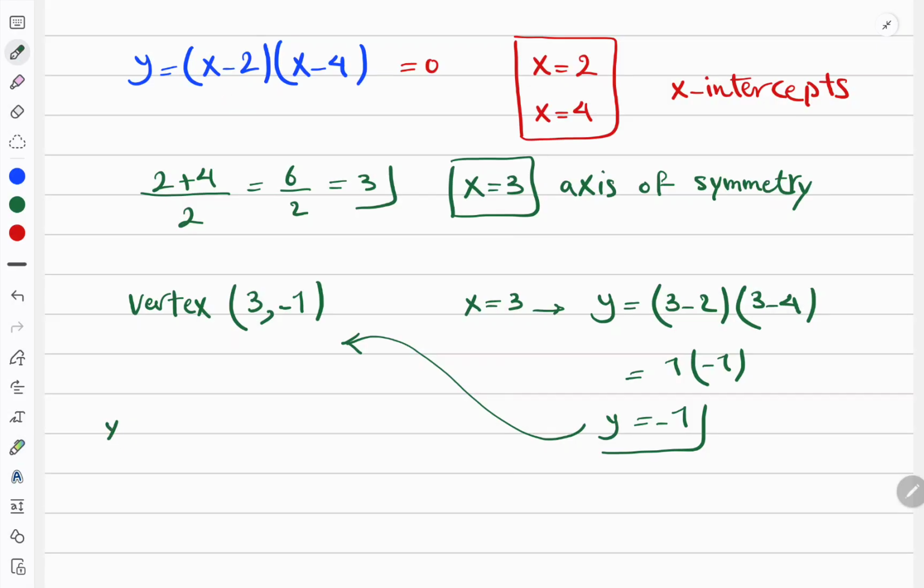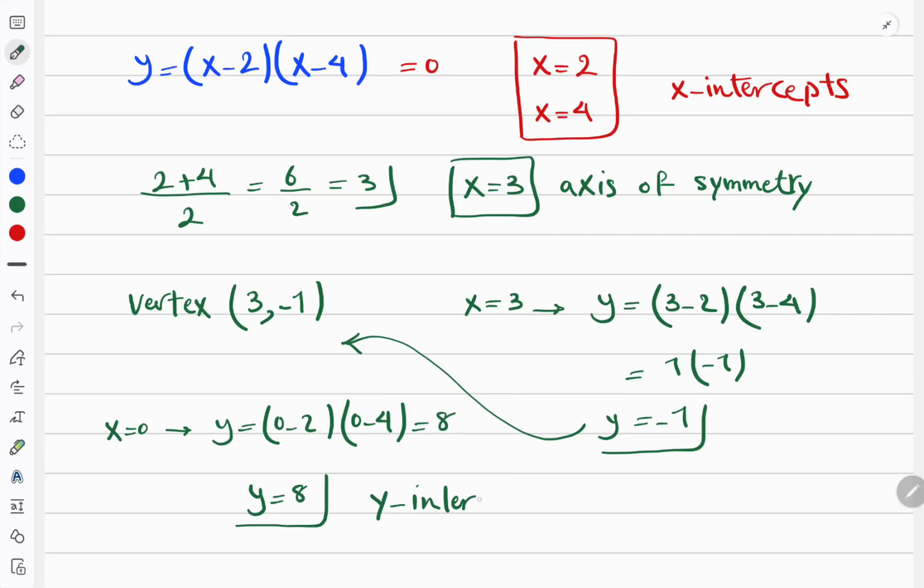So if x is 0, y is 0 minus 2 times 0 minus 4, which is positive 8. So this is the y-intercept. The only thing that we need is to plot all of these points and draw a graph passing through all of these points.